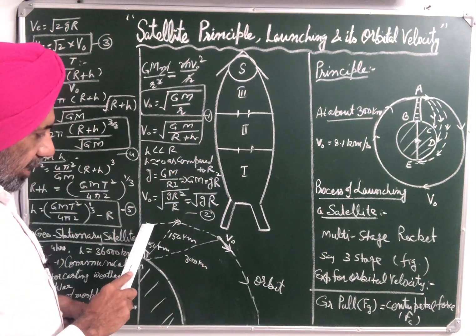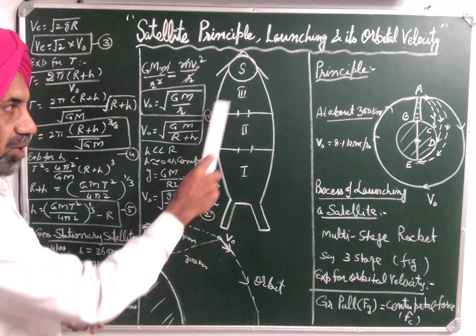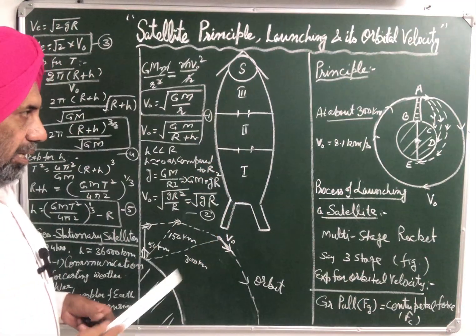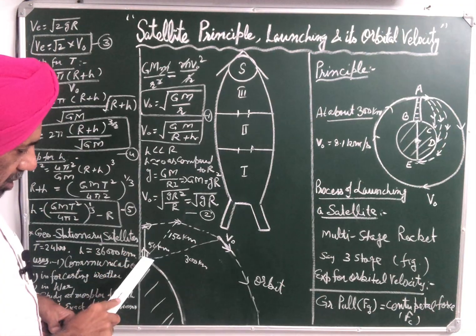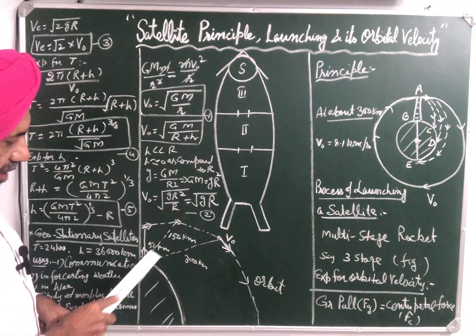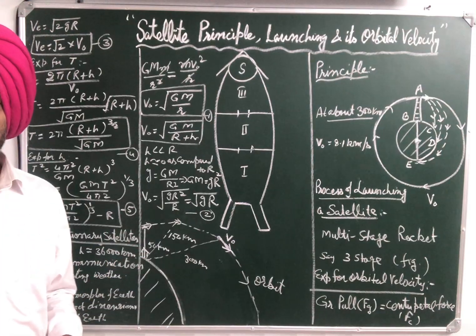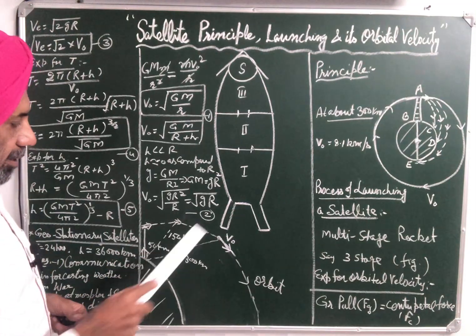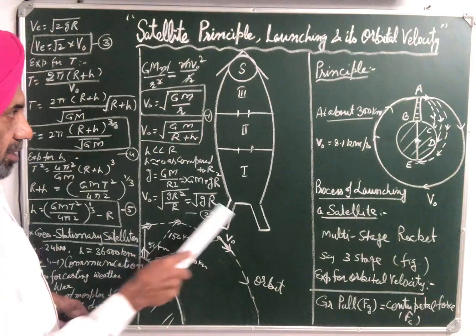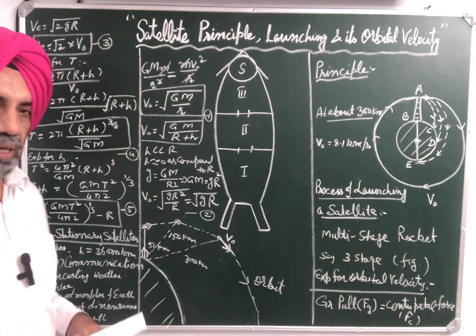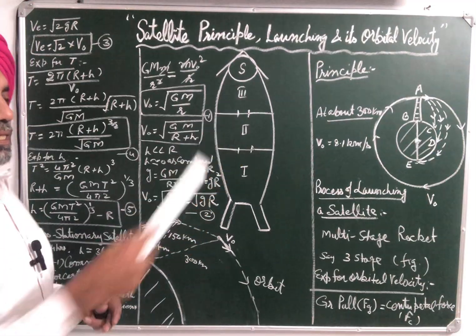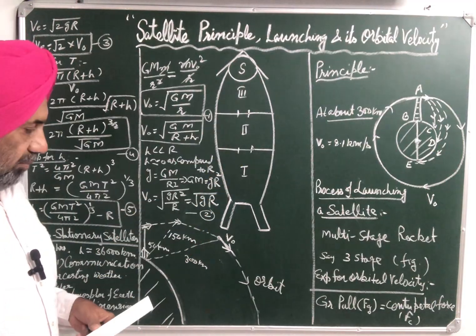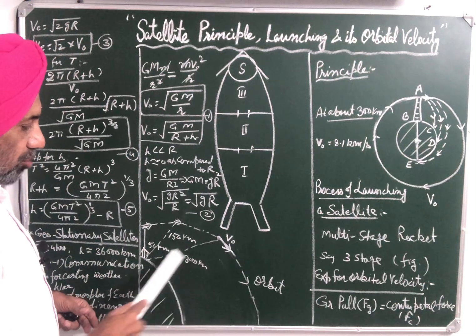Then again the second stage starts working and its velocity increases. This second stage takes the satellite to a height of about 150 km. Again, at this stage, the rocket is tilted a little from the ground remote control and then the third stage starts working, which takes the satellite to a height of about 300 km.